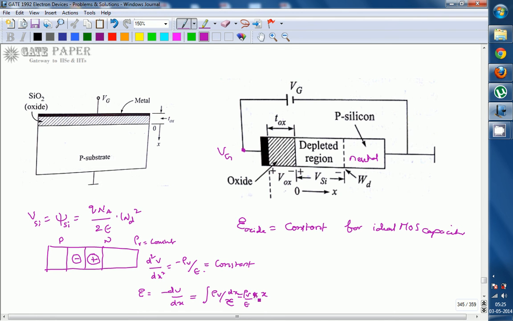So the electric field varies linearly with distance. If the p side or n side is uniformly doped, the electric field varies linearly with distance, and the electric field is maximum at the junction and becomes zero in the neutral region.